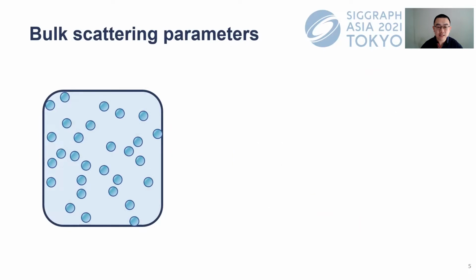RTT characterizes the optical property of a medium using a few parameters. While light travels, it will go for a random distance before interacting with the medium. The extinction coefficient controls the average of such distance, or mean free path.